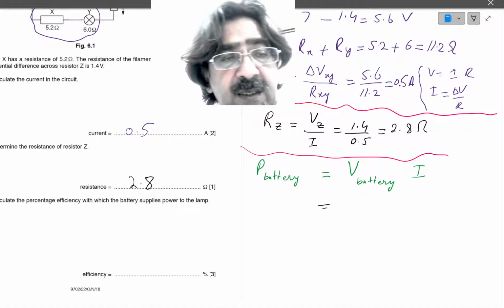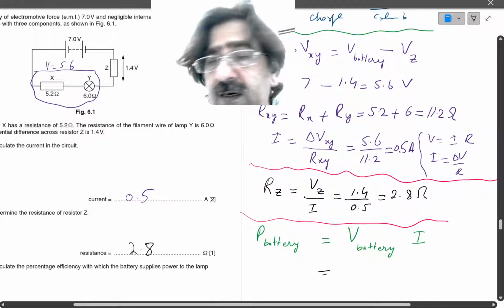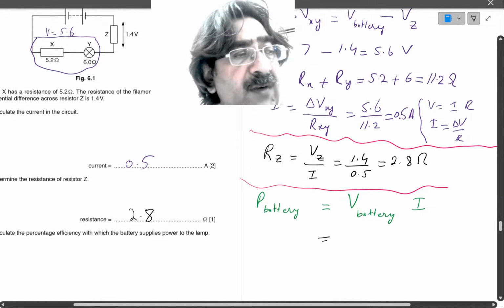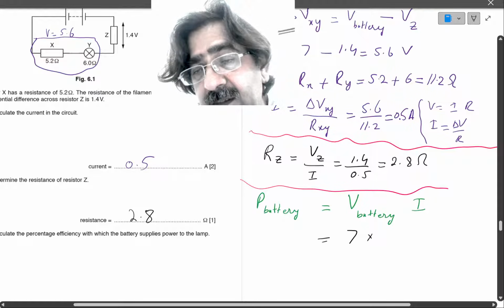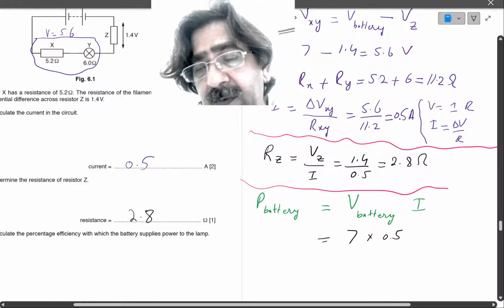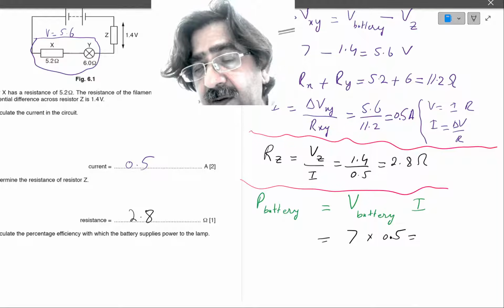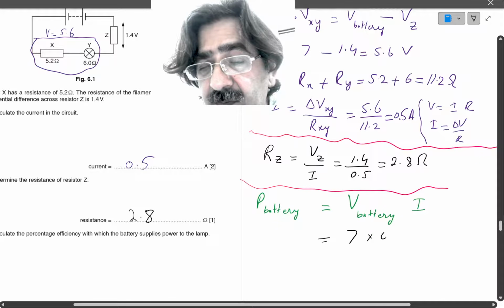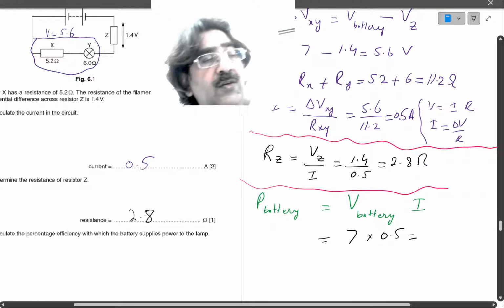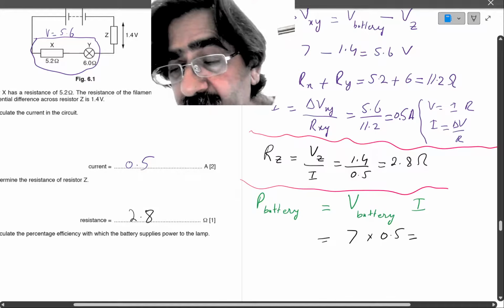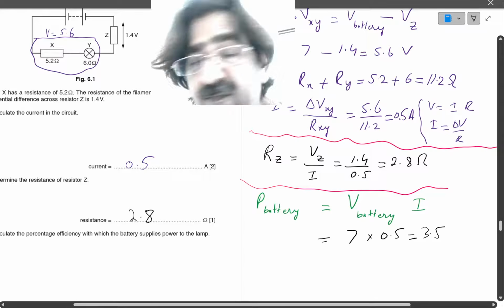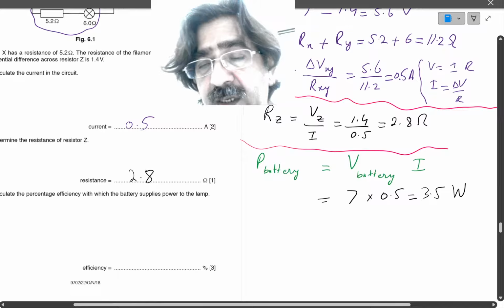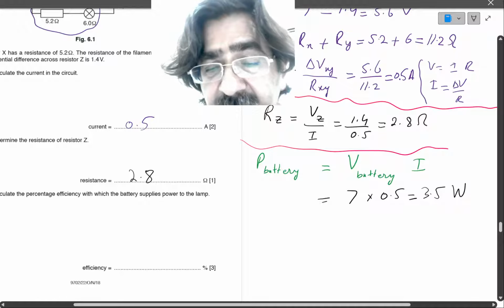Battery voltage is given, that is 7, and the current I have already calculated is 0.5, so that will be 3.5 watt. Now the power of the lamp.